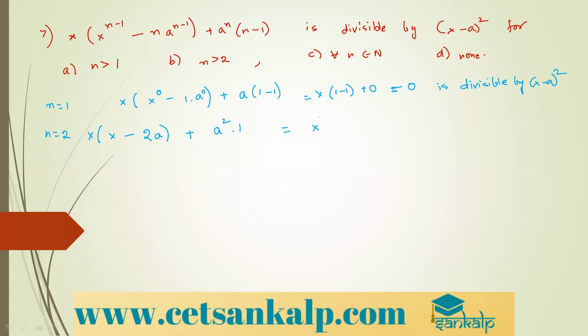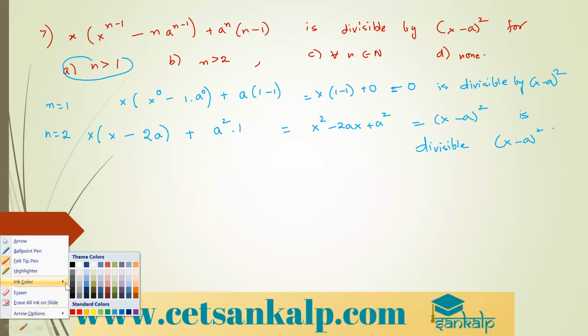That means we have x square minus 2ax plus a square. Clearly it is (x minus a) whole square. So I can say this is divisible by (x minus a) whole square. So for n greater than 1, this statement is proved. It is true.